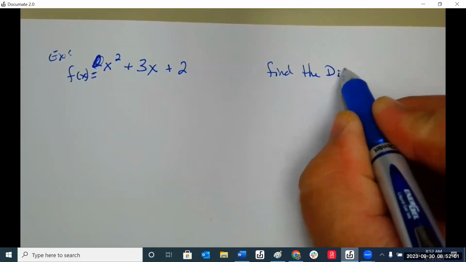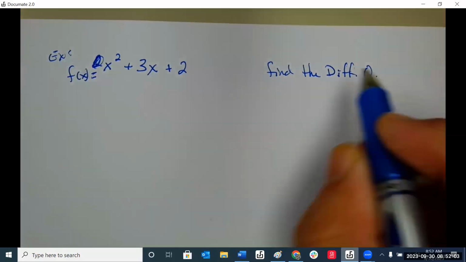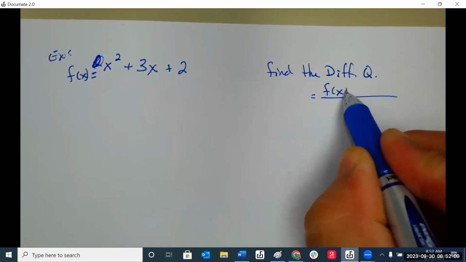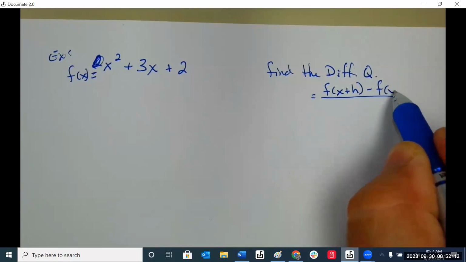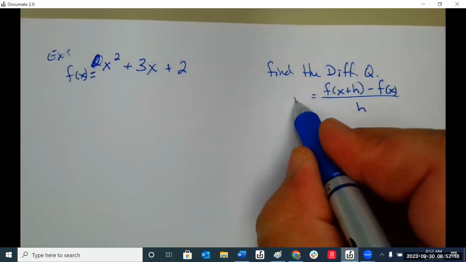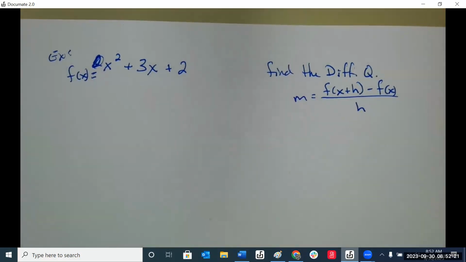Find the difference quotient, which is actually your slope. You guys want to try this yourself first? I'm sorry I did that, but the first one wasn't too hard, I hope.